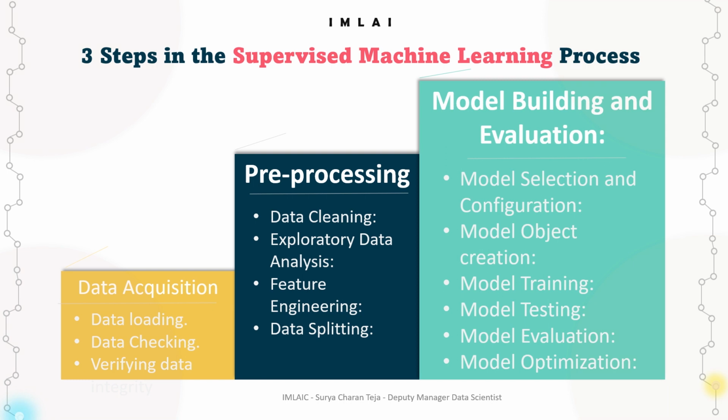That's called model optimization. So this is the macroscopic view of the supervised machine learning process. Fundamentally, it's a three step process, step by step, but it's not a straight line process. You have to repeat some steps again and again.